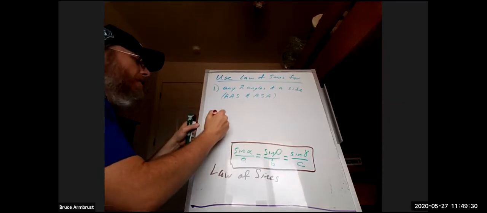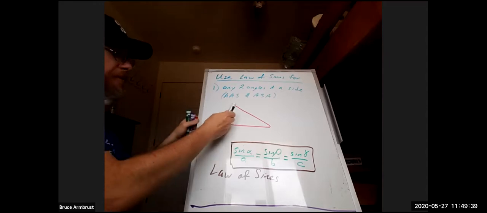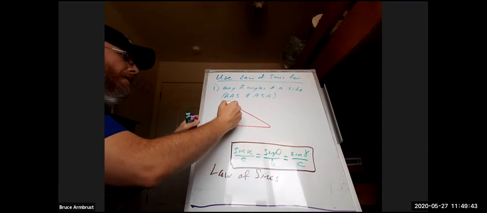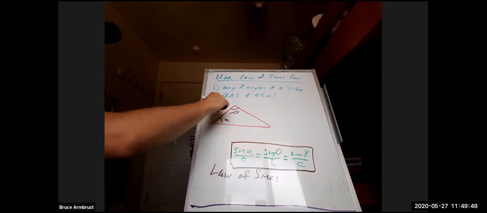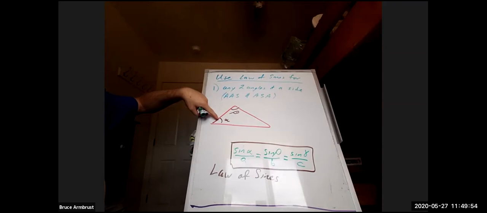Well, let's again draw some sort of triangle here. The way that these work, let's say we know 2 angles. Let me label them here. Let's say that this is alpha and beta. Those are the 2 angles we know. The angle, angle, side would be where we know these 2 angles and one of the sides that's not in between them.